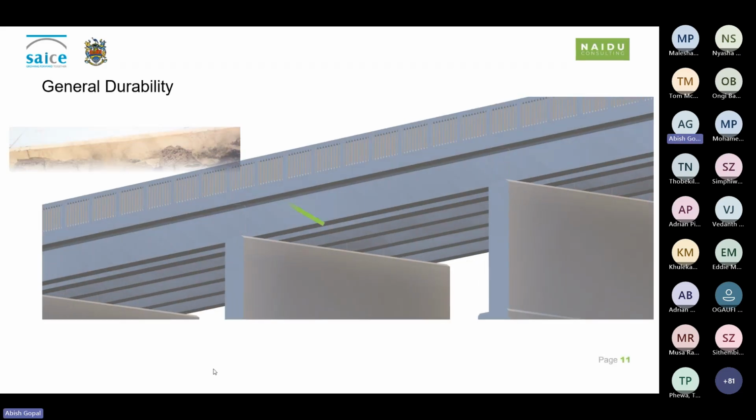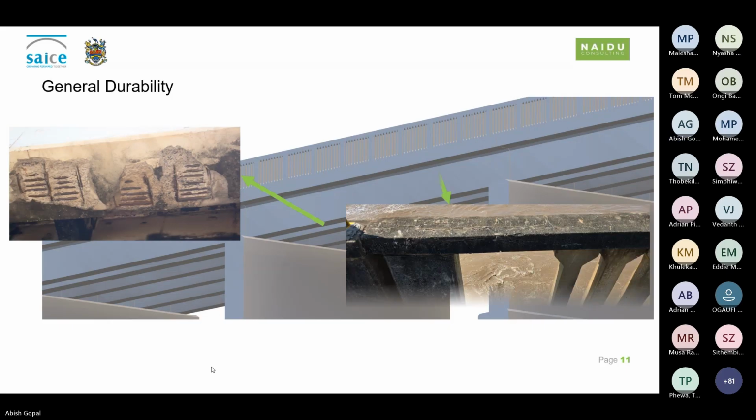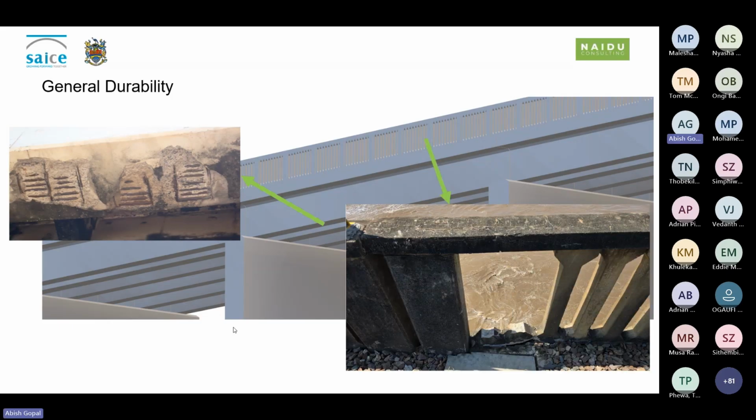Okay, in terms of general durability, the superstructure has exhibited excessive spalling because of the high chloride exposure. This is potentially due to its location next to the ocean. Secondly, the safety handrail systems did not comply with the current standards.